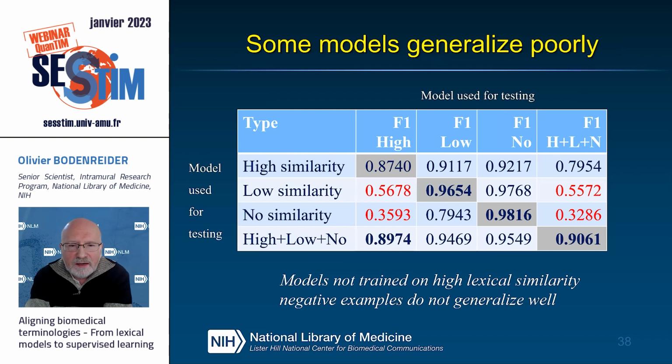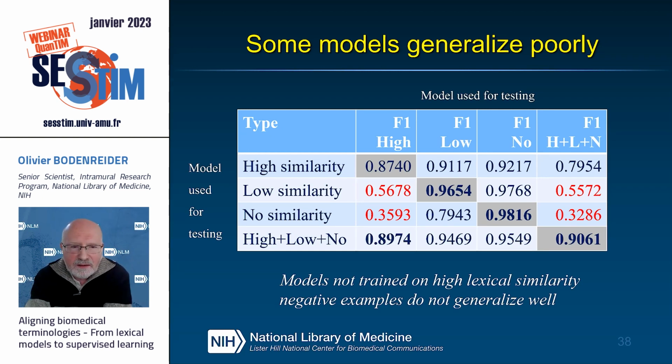Now, in real life, we're not going to be able to bin the terms that we compare into these kinds of similarity groupings. So we wanted to see whether we would be able to train on one type and test on another type, and whether the learning would transfer across the types of similarity.